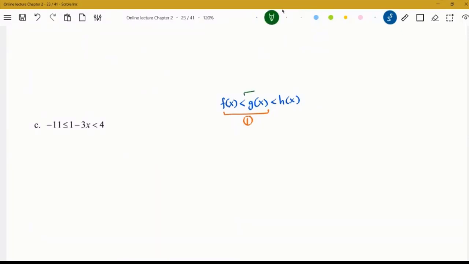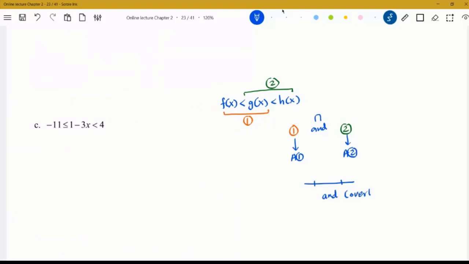Ini adalah second case. Okay, so first case and second case, kita akan combine dengan wording di tengah-tengah adalah n. So n ni represent intersection. So bermaksud jawapan di sini, answer number 1, answer number 2, kita akan combine menggunakan number line dan kita akan shape bahagian overlap. Okay, so n adalah untuk overlap.